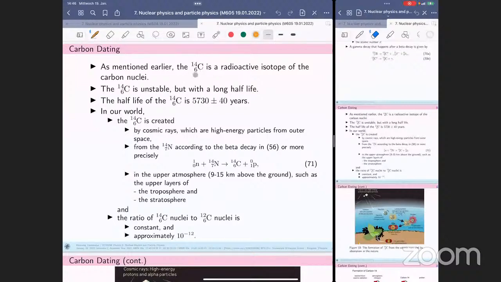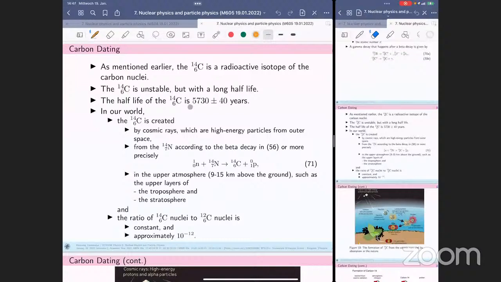We have to thank our clever scientists who pointed this direction. Carbon-14 is a good isotope because it's on a good scale in terms of half-life and duration. Carbon-14 is unstable but with a long half-life, and if you want to observe any object, a half-life on the same scale would be appropriate.